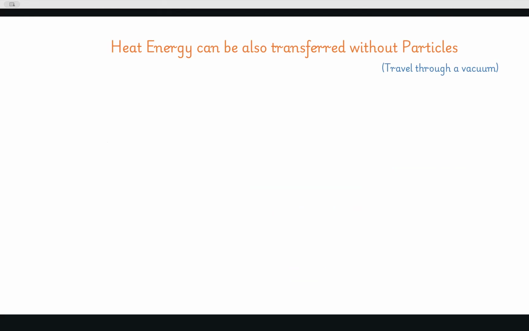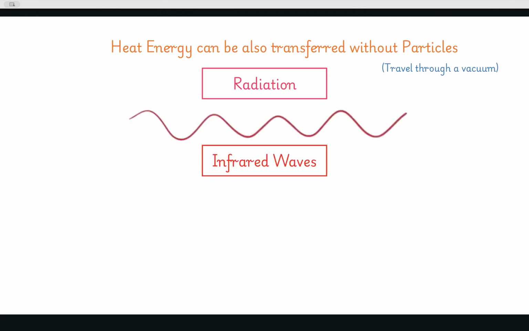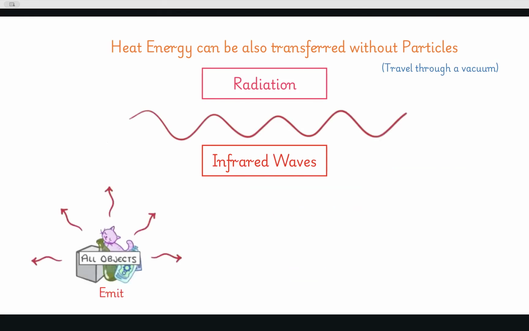So this happens when energy is transferred by radiation, and looking specifically at when energy is carried by something called infrared waves. So all objects are continuously emitting and absorbing radiation. And the hotter an object, the more radiation it has.